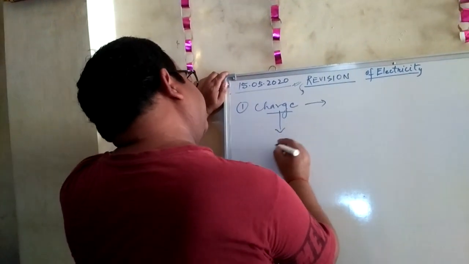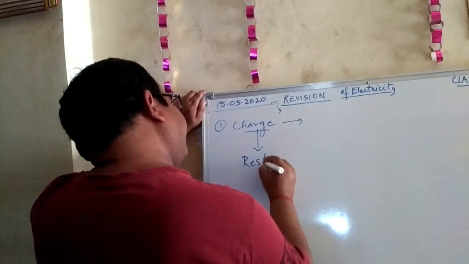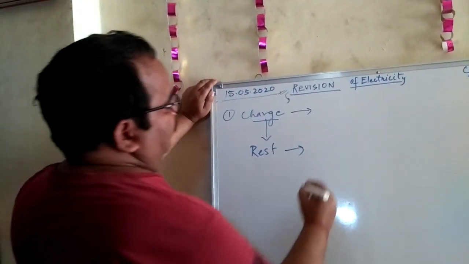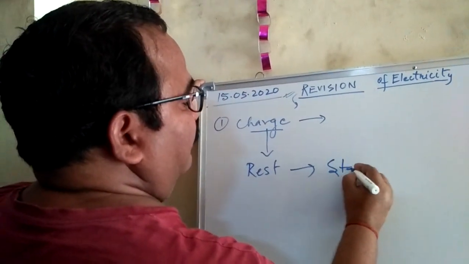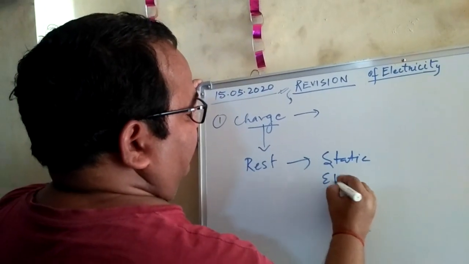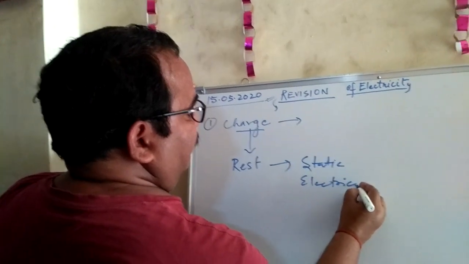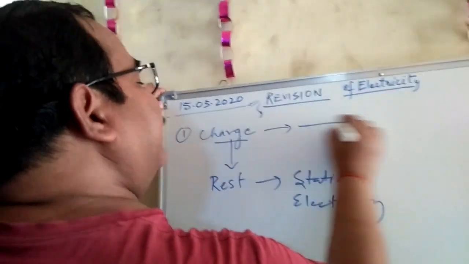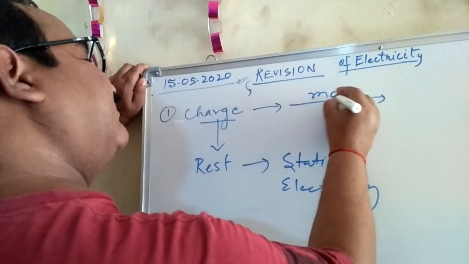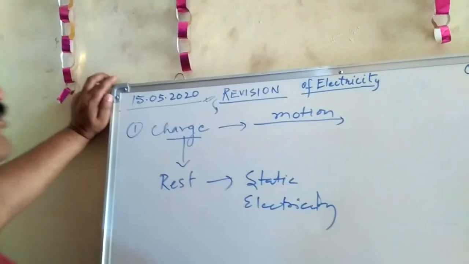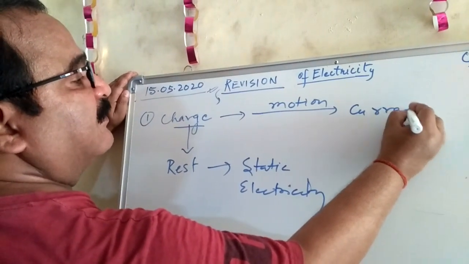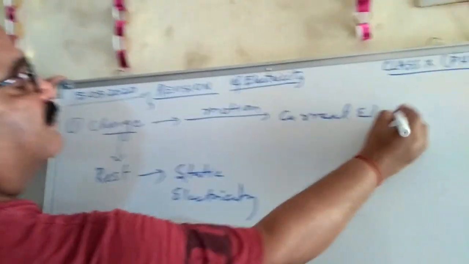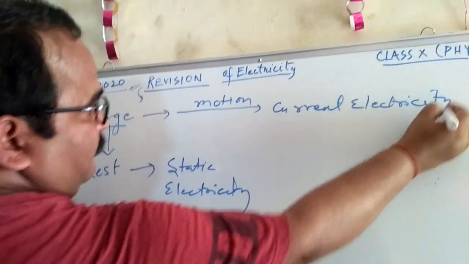Sometimes it is at rest, and when it is at rest, it produces electricity, and that electricity is called static electricity. But when the charge is in motion, it also produces electricity, and that electricity is called current electricity, as we all know from a previous class.